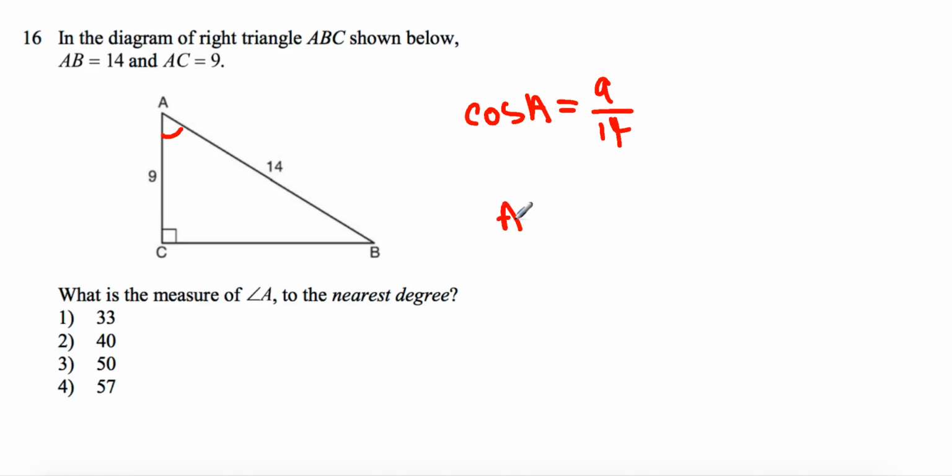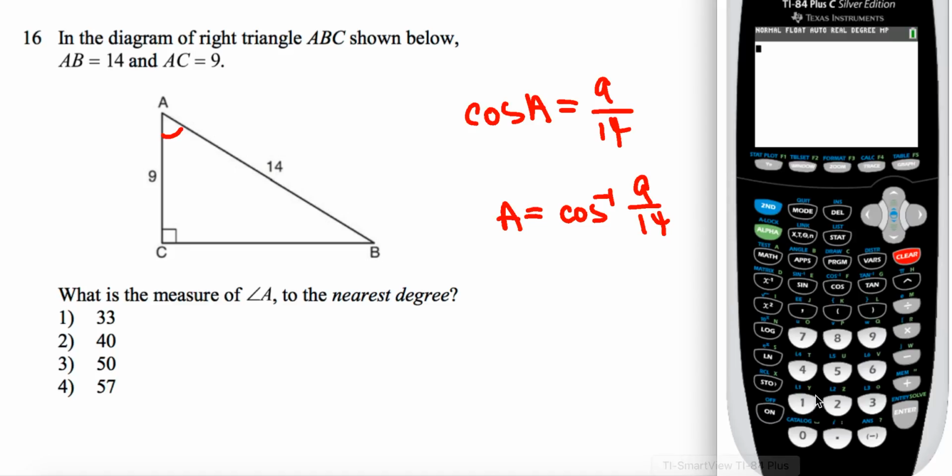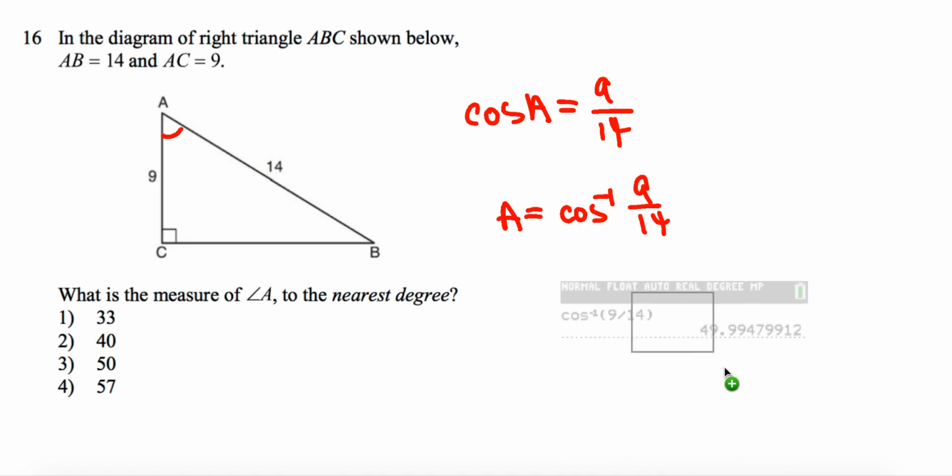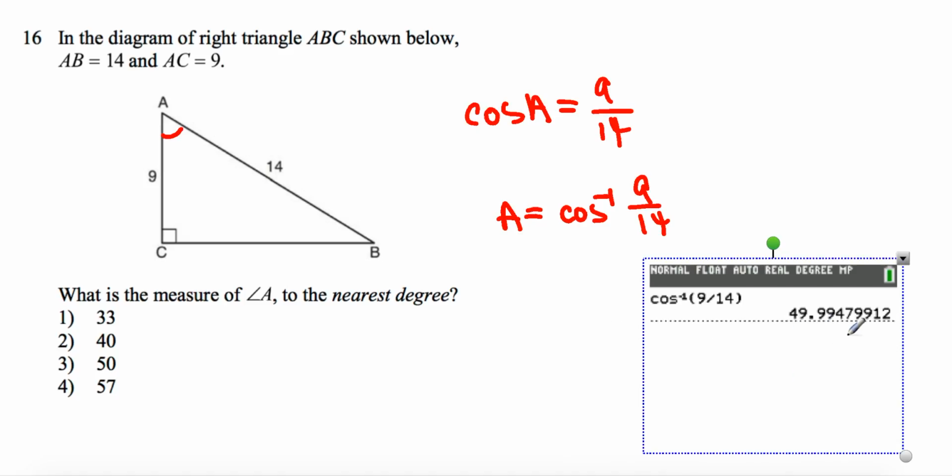A must be equal to inverse cosine, or arc cosine, of 9 over 14, which becomes our answer. So let's try to do that. I'm going to type in inverse cosine, 9 divided by 14. So 0.99. So basically 50 becomes our answer.